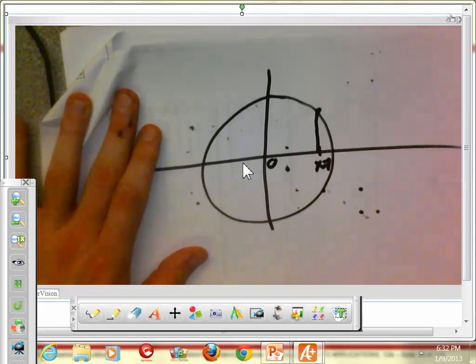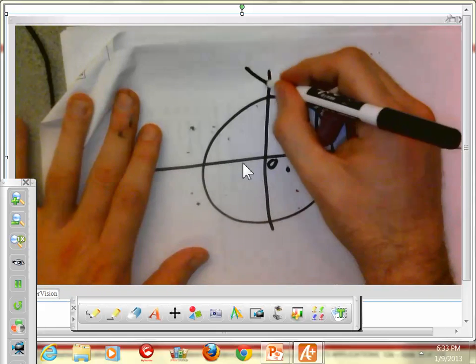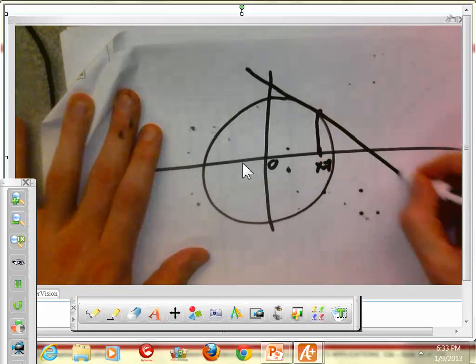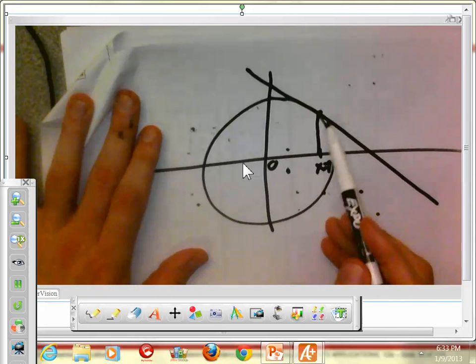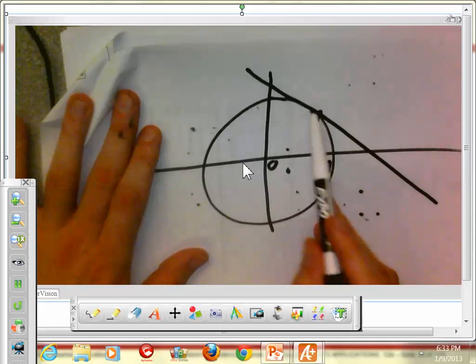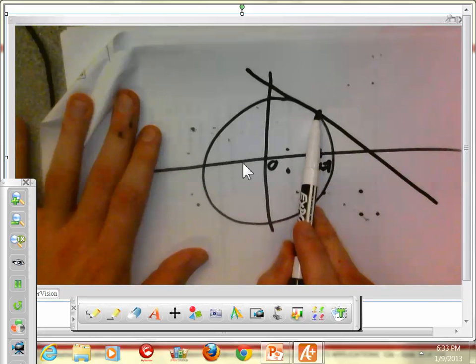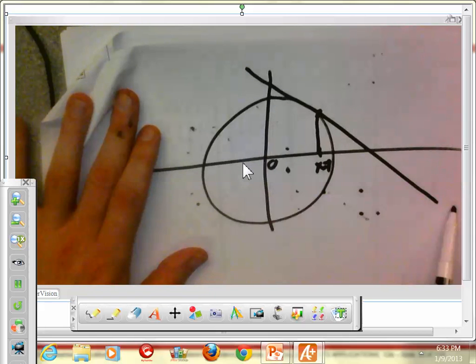So they said, if I can draw a line through this point, since this curve and this line share this point, and they both are changing at the same rate at this point, then I can find the equation for the line that intersects the circle at exactly this point.